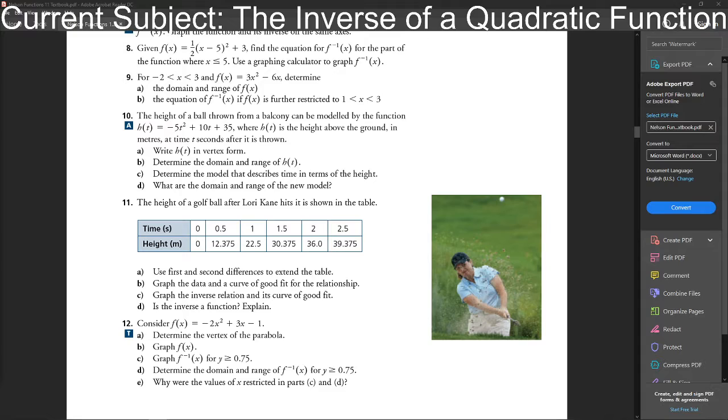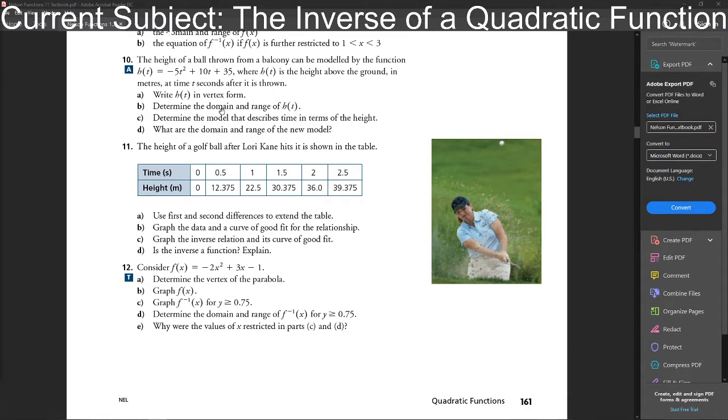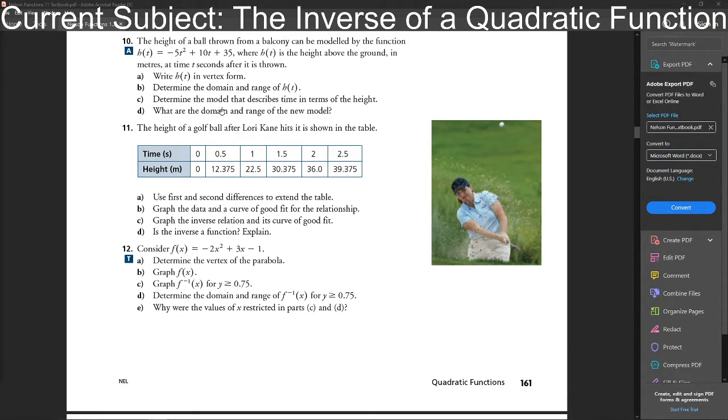It doesn't look like we can. The height of the ball is 5t squared plus 10t plus 35.